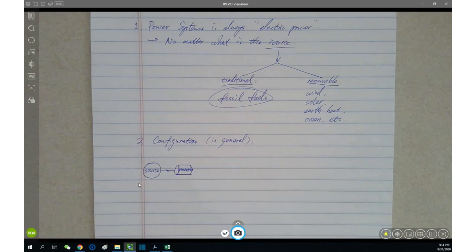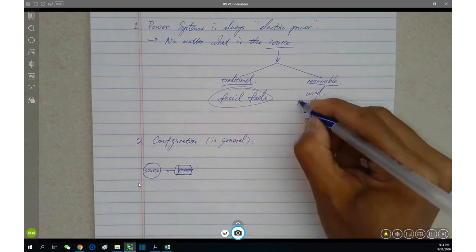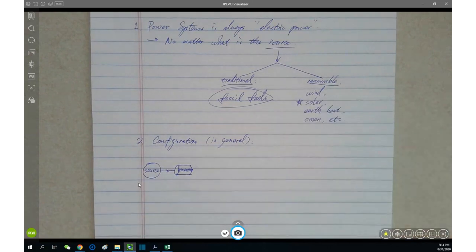As far as I know, there's only one system that is an exception. Which system is not using a generator to generate power? Solar. Excellent, very good job, Wally.